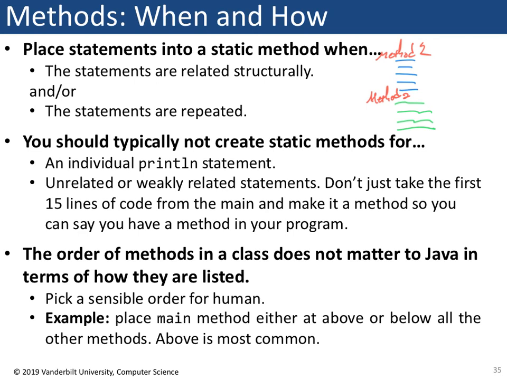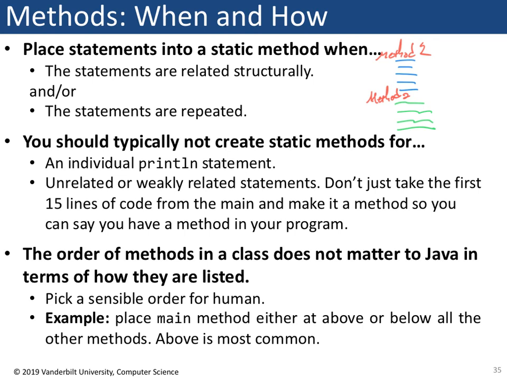The order of methods in a class does not matter, interestingly, to Java in terms of how they are listed. So in the previous example, for the shape drawing class, it did not matter where in the class the methods occurred. The main will always be run first, regardless of where in the list of methods it occurs.